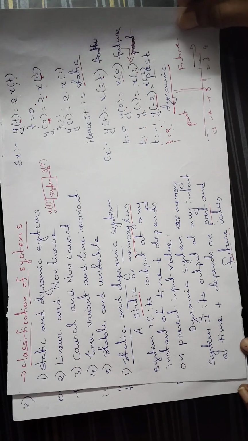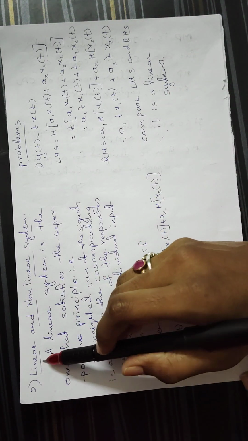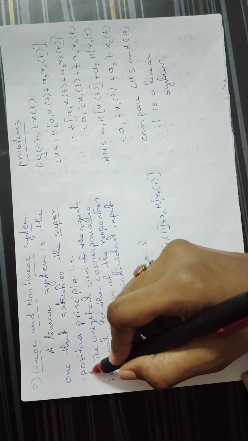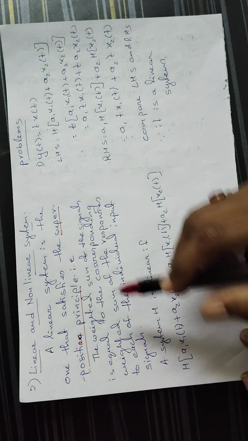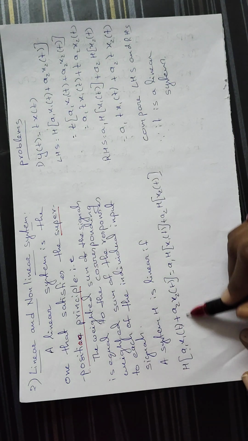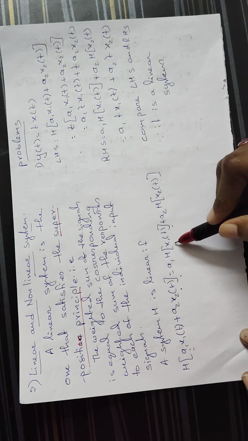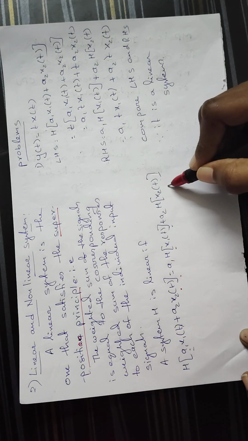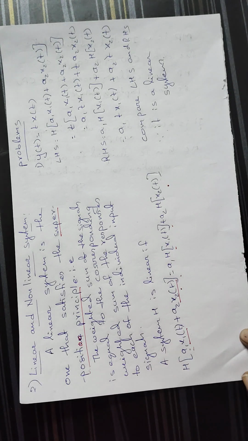The next classification is linear and non-linear systems. Linear systems satisfy the superposition principle. That is, the weighted sum of the signals gives the corresponding weighted sum of each of the individual input responses. Here we take two signals, x1 of t and x2 of t.